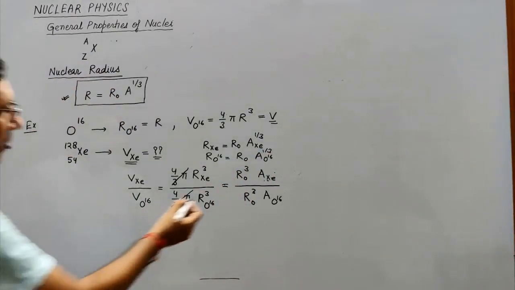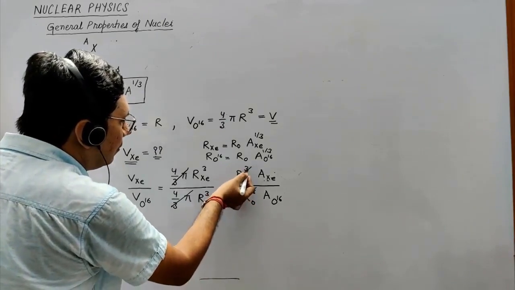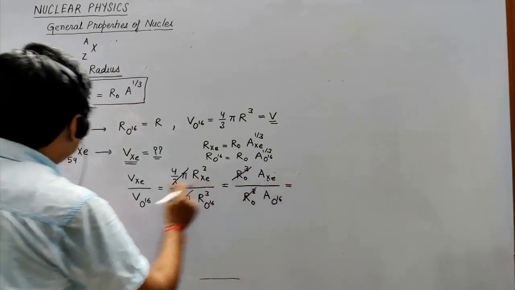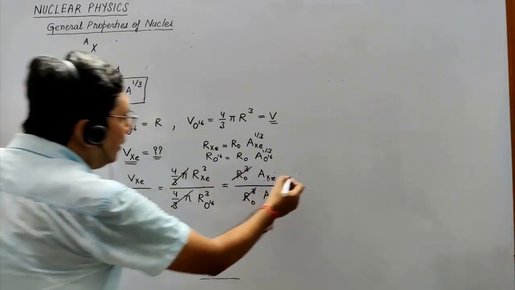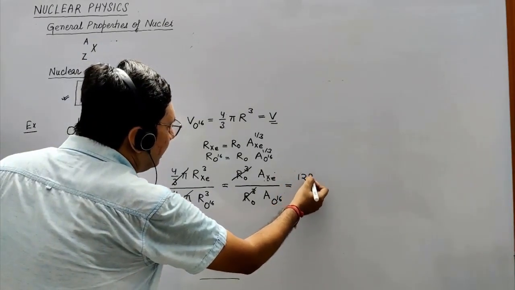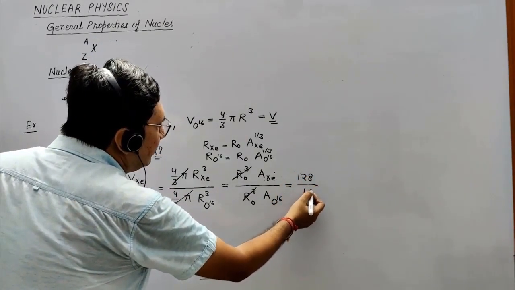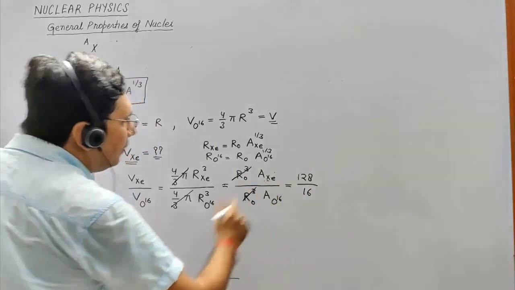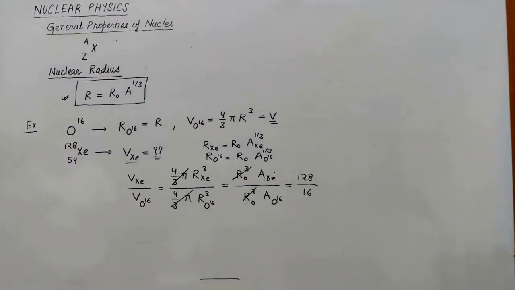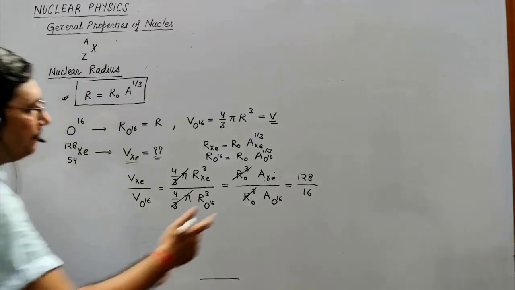This R naught cube will be cancelled out. The value of this A Xe is 128, divided by 16, because for O16 the value of A is 16. So if you divide 128 by 16, this will be equal to 8.